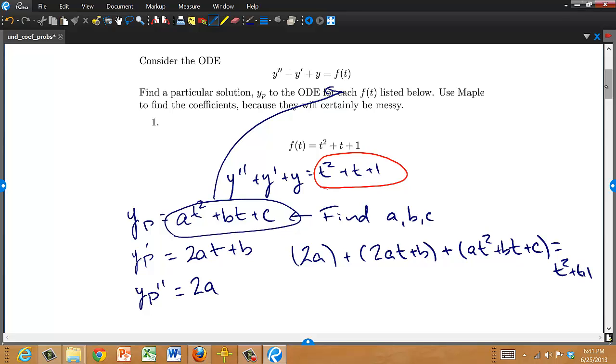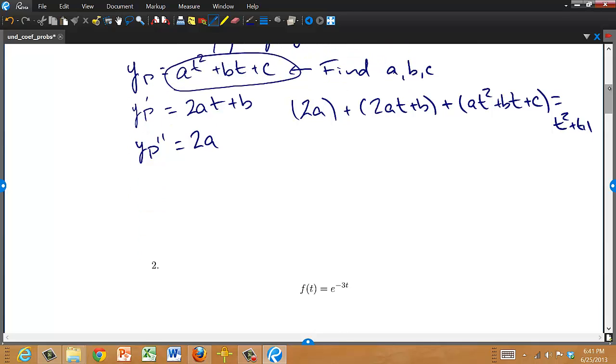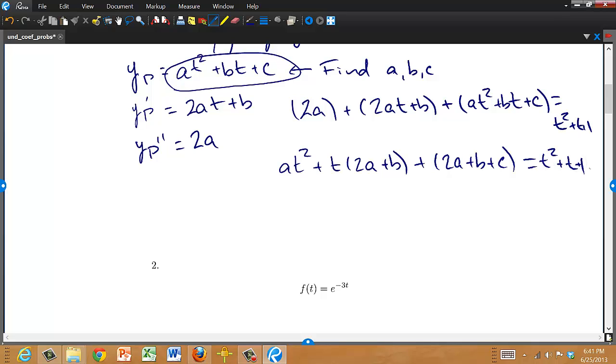And now we just go ahead and rewrite the left hand side a little bit. So what we would really like is at squared plus t times (2a plus b) plus (2a plus b plus c) to be equal to t squared plus t plus 1.